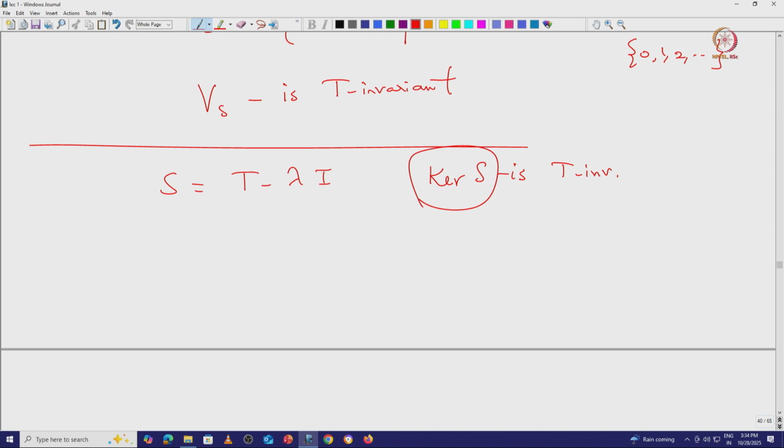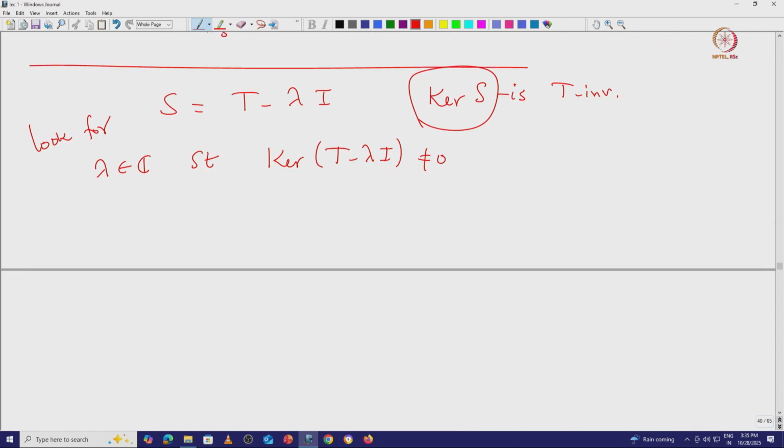So, this motivates us to look for lambda in C such that the kernel of T minus lambda I is non-zero. A moment's thought will tell you that this is equivalent to saying that the operator T minus lambda I is not one to one, but since it is defined on V, this is the same as saying that it is not invertible.